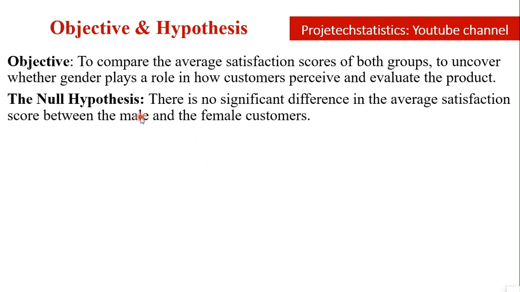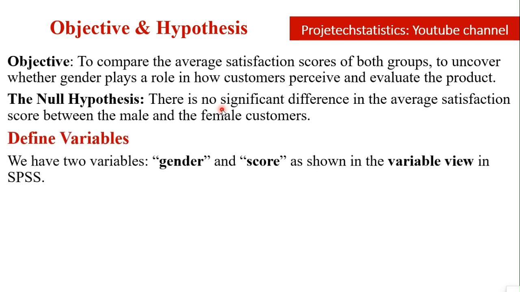So here we're going to say that there is no significant difference in the average satisfaction score between the male and the female. You need to know how to state your null hypothesis, because it is what you are going to test to know whether you accept or reject it. There is no significant difference in the average satisfaction score between the male and the female.